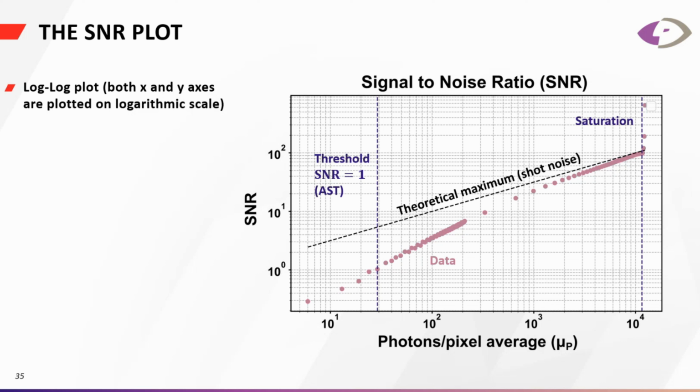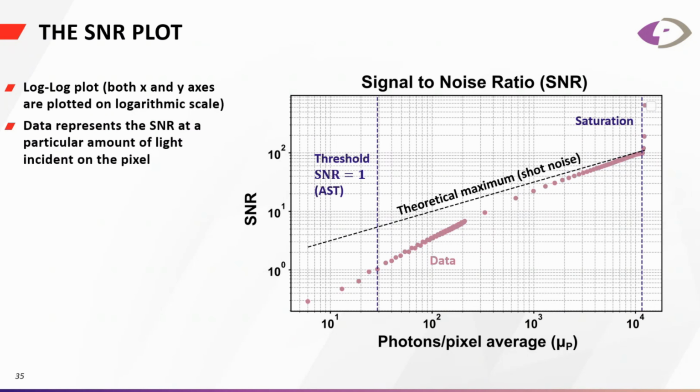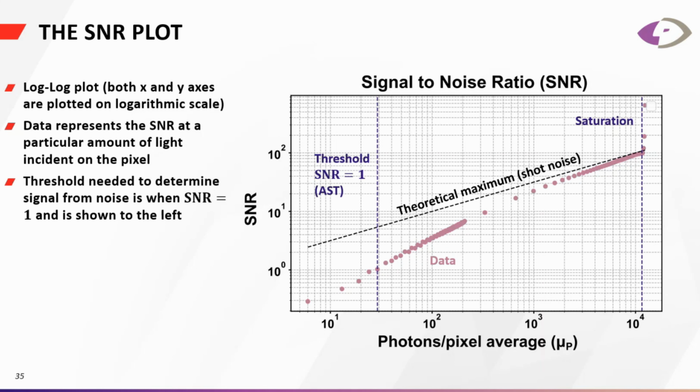Next, we see that the data in pink represents the SNR at a particular amount of light incident on the pixel. The threshold needed to determine signal from noise is when the SNR equals 1, and that is the absolute sensitivity threshold, AST, and that's shown on the left. The saturation threshold, when the well is full of electrons and cannot accept any more, is shown to the right.